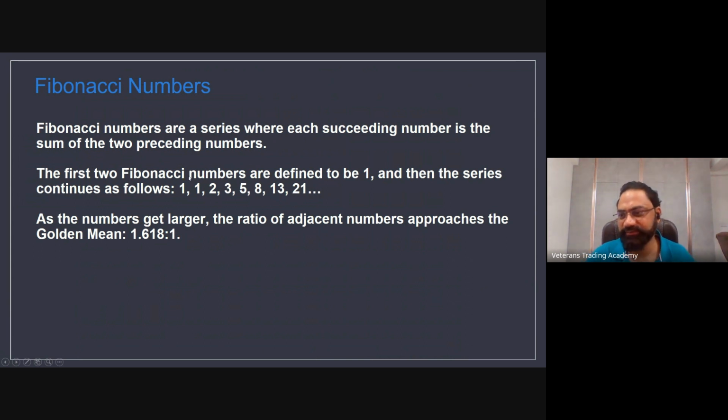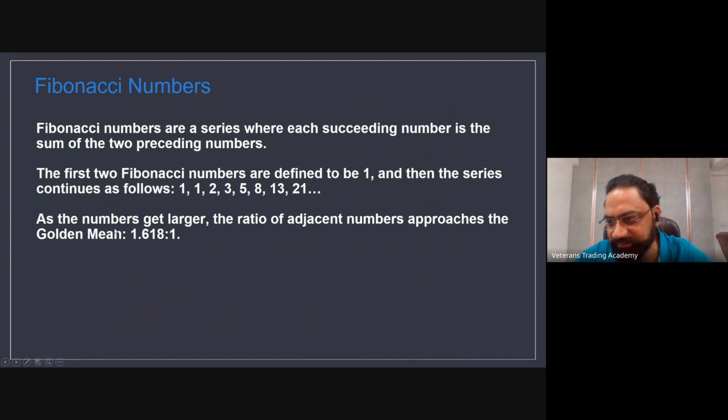Now, why is this Fibonacci series common? Because people realize that in nature a lot of things move as per the Fibonacci series. Even in the human body there are a lot of ratios which are equal to Fibonacci ratios. Now, once you divide 8 by 5, the ratio comes to 1.6. Similarly, when you divide 13 by 8, again the ratio is 1.6. 21 by 13, again the ratio is 1.6. So this is known as the golden ratio.